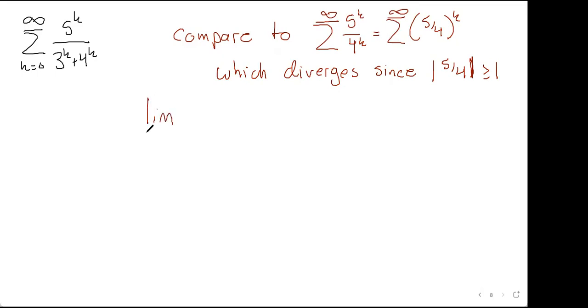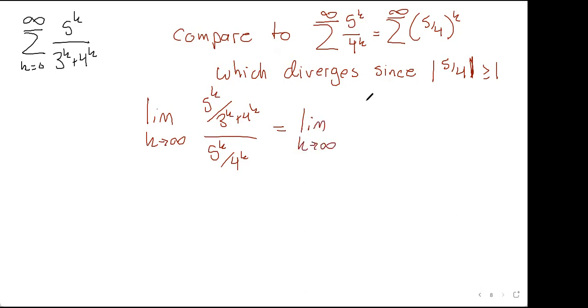If we try to find the limit of this, we get 5 to the k over 3 to the k plus 4 to the k divided by, I'll use this version that's broken up in a fraction, 5 to the k over 4 to the k, flip and multiply, and we get 5 to the k over 3 to the k plus 4 to the k, and then 4 to the k over 5 to the k.